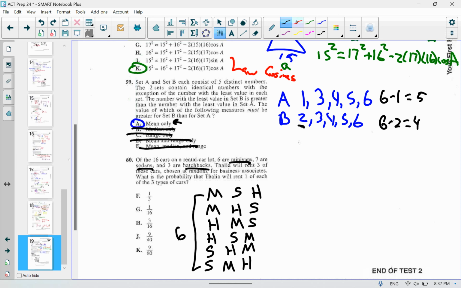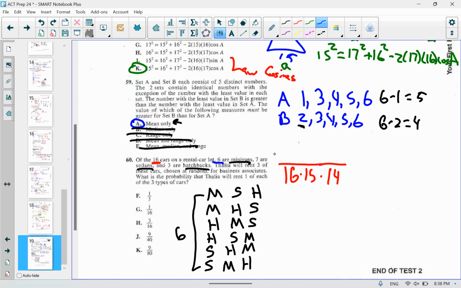Now, if I were to multiply all the possible cars, I'm going to take one of the 16 cars. Now that car's gone, so now I have 15 cars to pick from, and now I have 14 cars to pick from. But I want one of each.